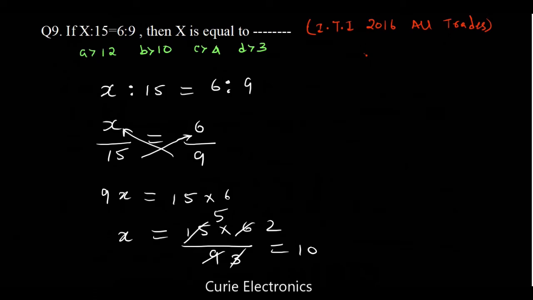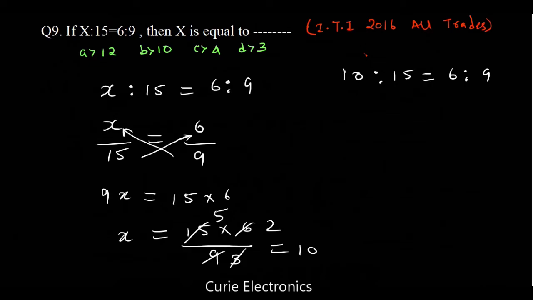We need not do anything else. Or should we simplify it? I think no need to. So x equal to 10 is there. 10 is to 15 equal to 6 is to 9.